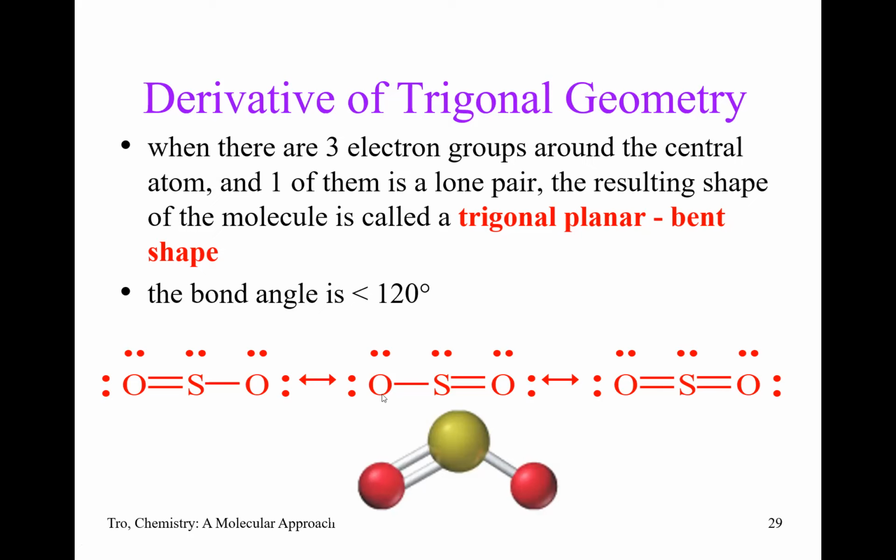We covered that with the resonance. But the important thing is that there's the lone pair there making a third electron group. And so above the yellow sphere is where the lone pair would be, and it pushes the two oxygens down. And this will become important: it's not actually linear like it's drawn in the Lewis dot above, but like the model shows, it's got this bent structure.